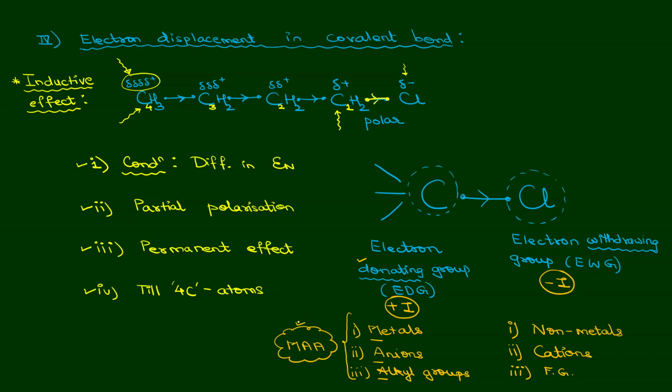So once you remember Ma as plus I, the opposite of that you can remember as minus I. So categorizing plus I and minus I shouldn't be a problem. It's simple. So that completes the inductive effect concept with the types of inductive effect discussed in detail.